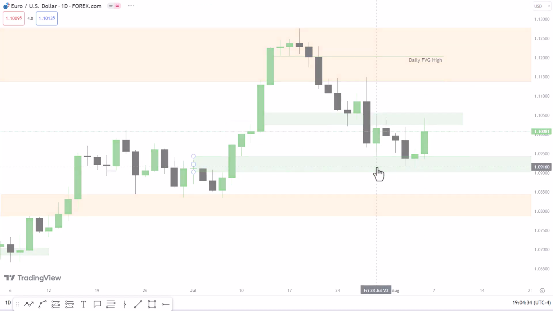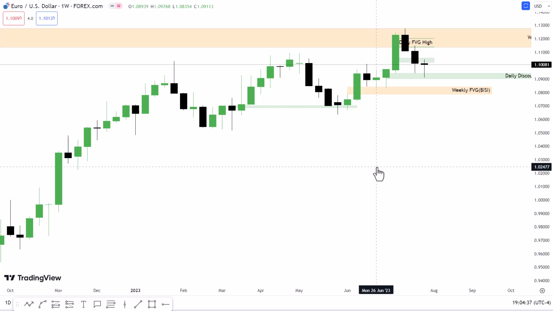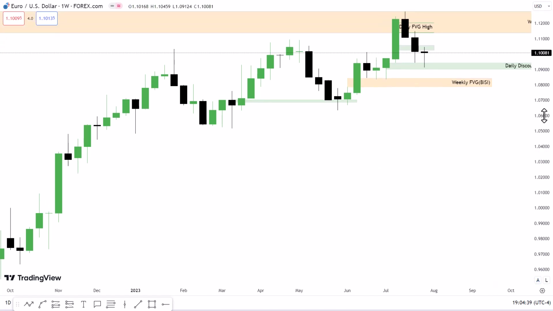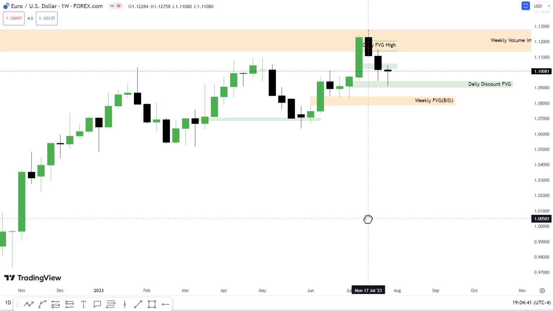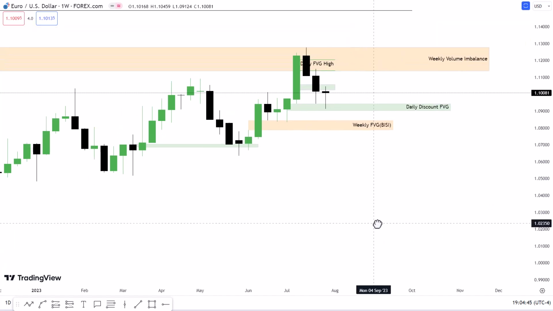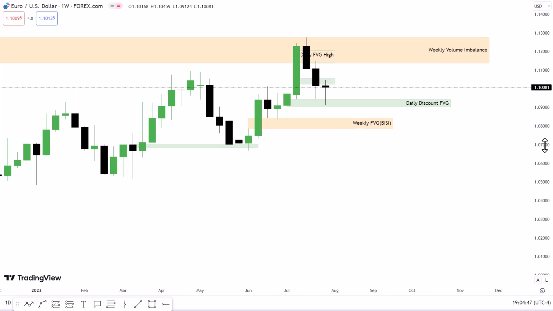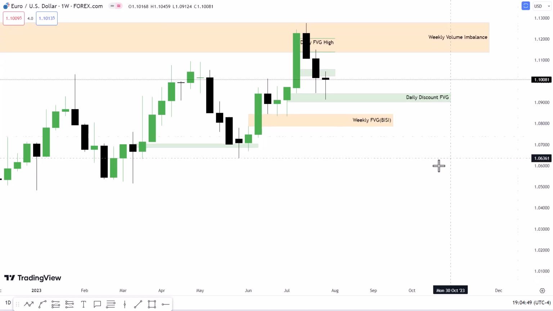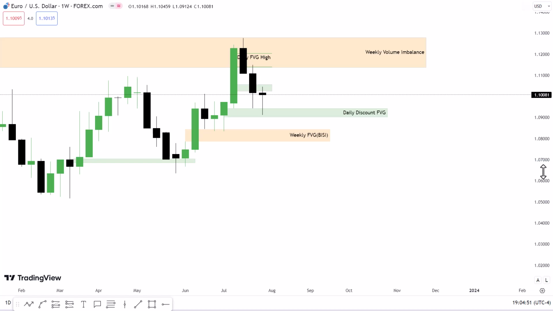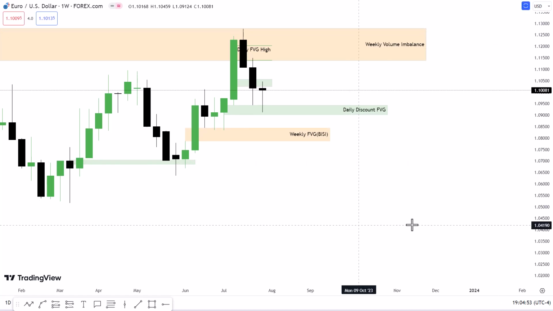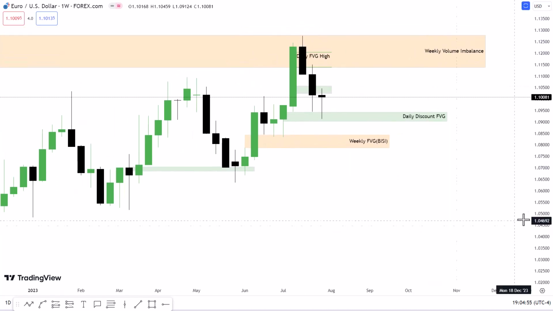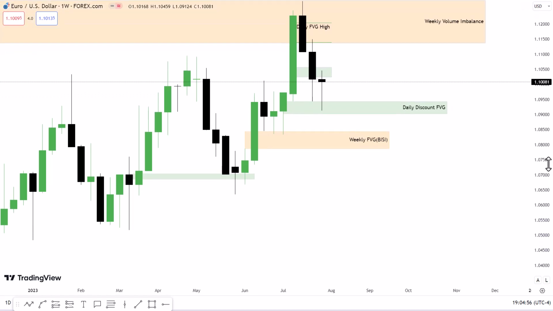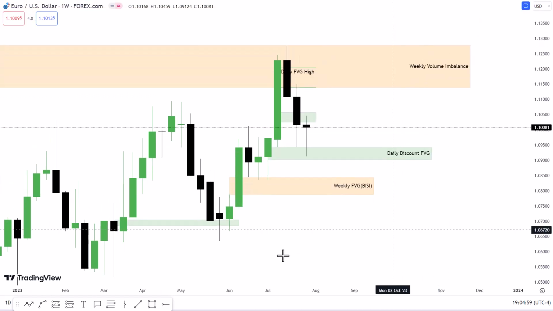So since we're expecting lower prices on dollar, most likely, what should we be expecting for the euro? I'll quickly zoom in. So we are looking at this price leg because this is the most recent price leg for euro.